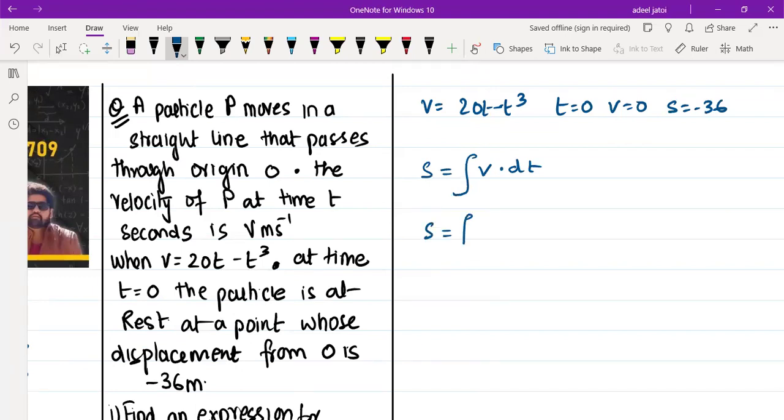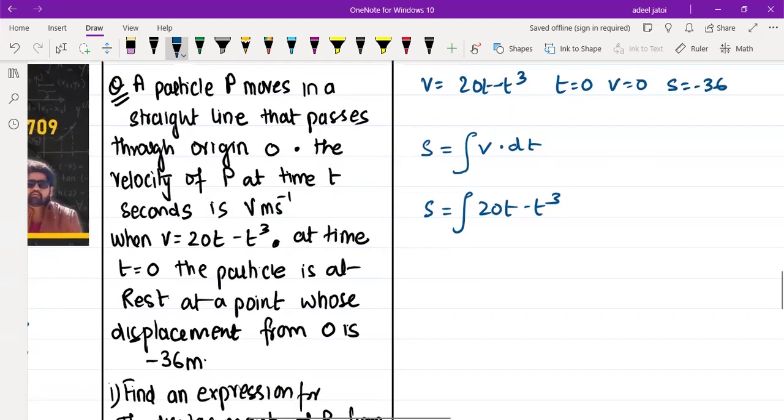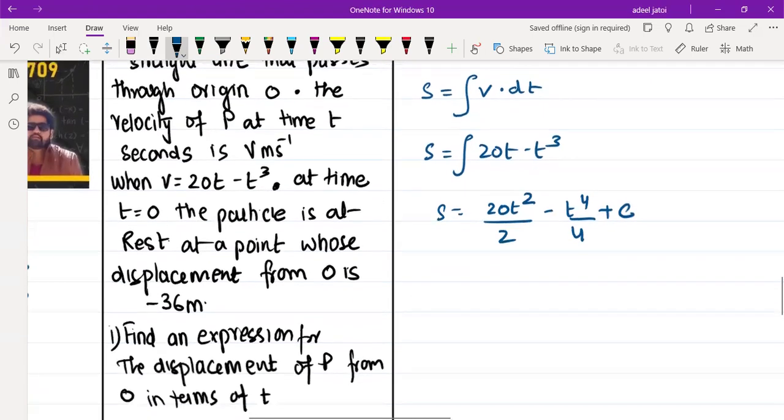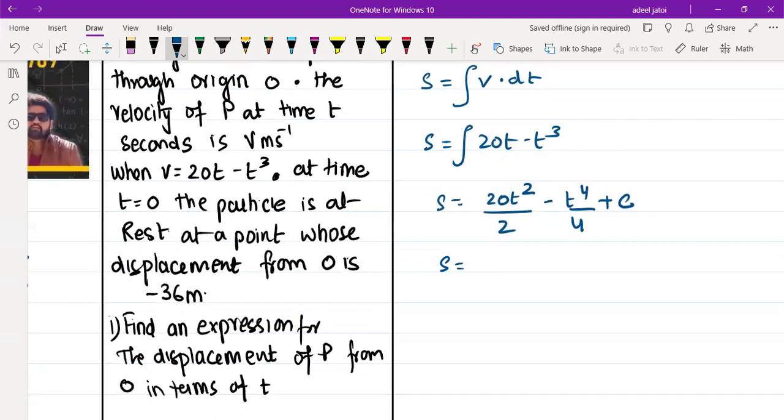S is equal to the integration of 20t minus t cube. So S is equal to 20 t to the power 2 upon 2 minus t to the power 4 upon 4 plus c. So S will be 10t square minus t to the power 4 upon 4 plus c.